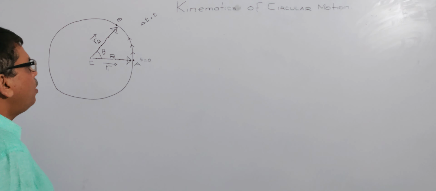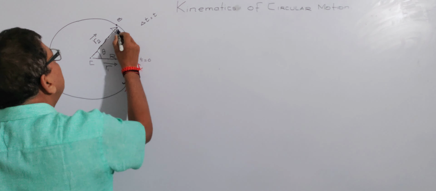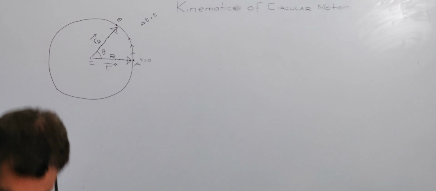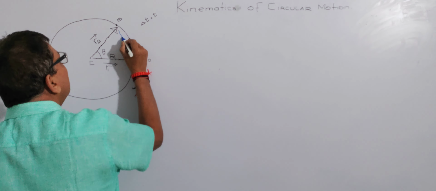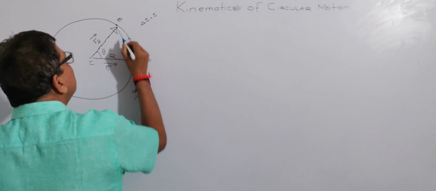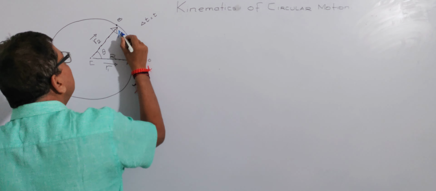Now when we join A to B, the displacement vector is given by this part.